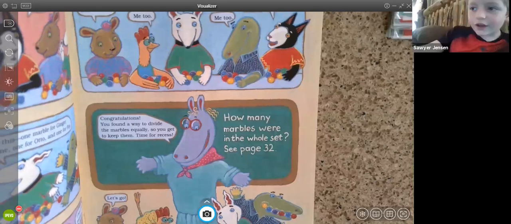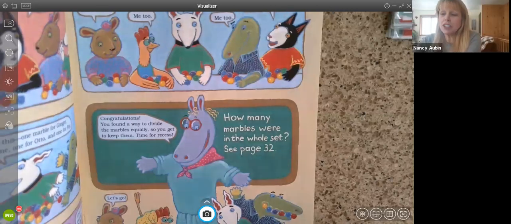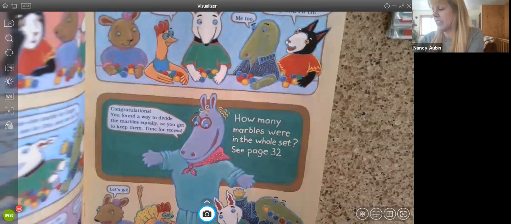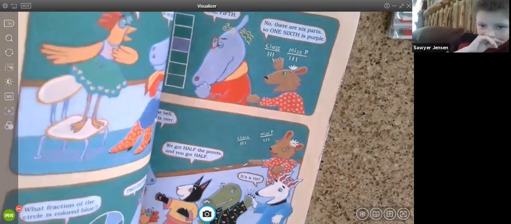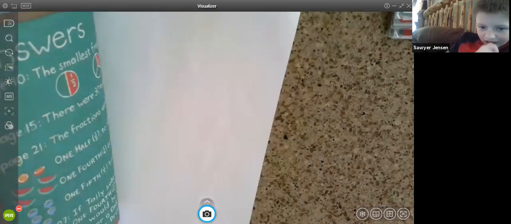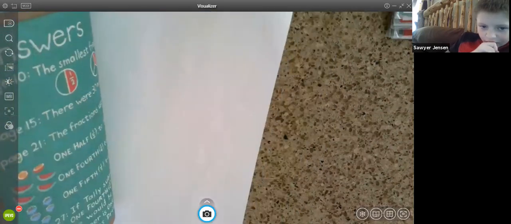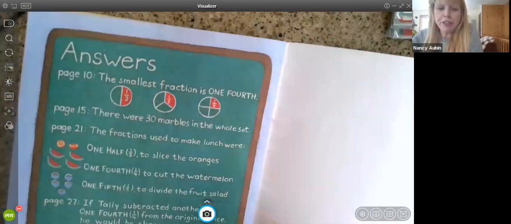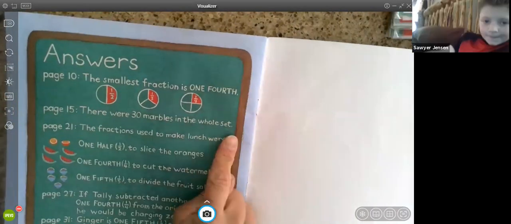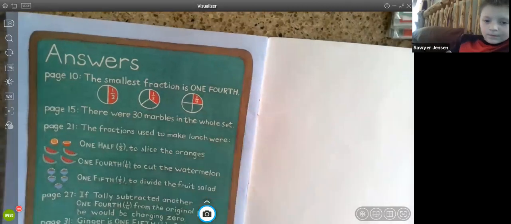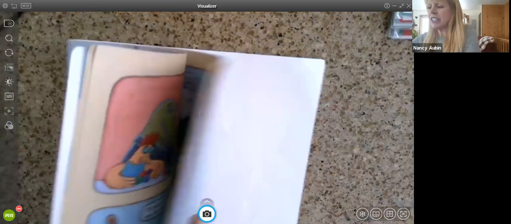I think it's 30. Okay, let's go to page 32 and see if you're right. There were 30 marbles in the whole set. Nicely done. Good job. All right, we're going to read just a little more.